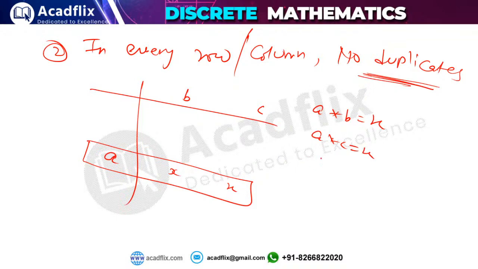Let's assume that there are duplicates, meaning in this row you have a duplicate. Then A star B will be equal to X, and A star C will be equal to X.